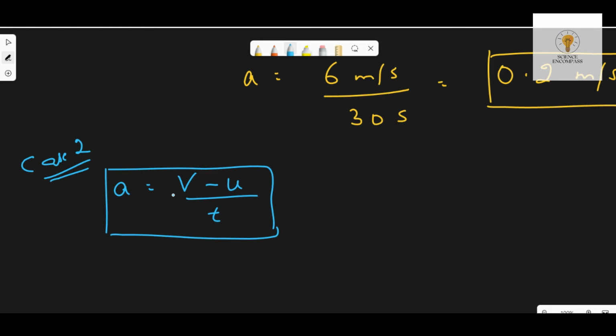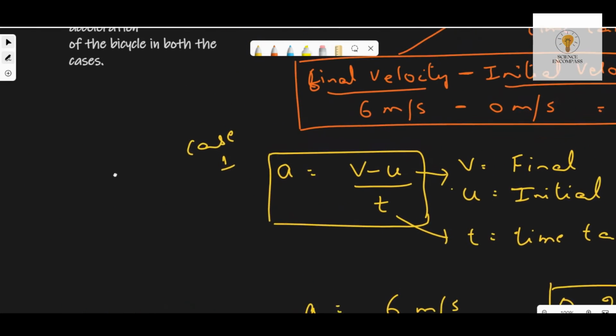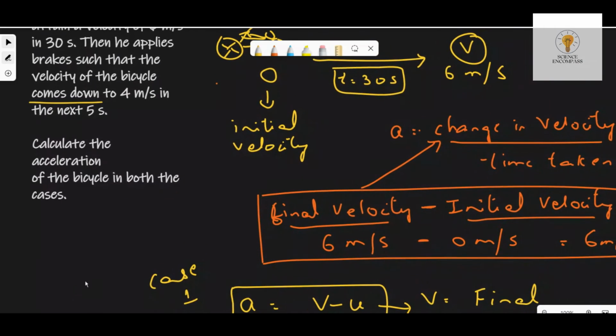For case number 2, what is the final velocity? He applies the brake such that the velocity of the bicycle comes down to 4. That would be your final velocity. So you're going to say 4 meter per second minus the initial one. Remember, final velocity minus initial velocity.